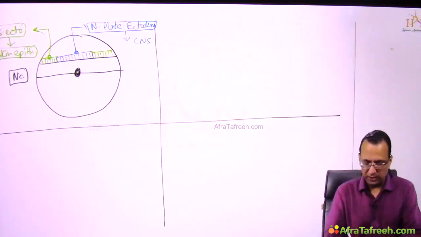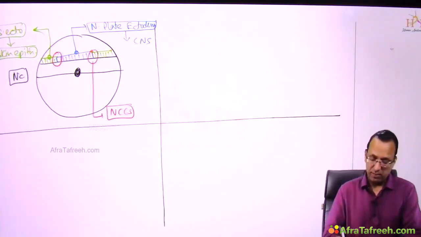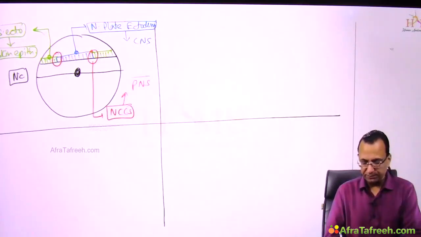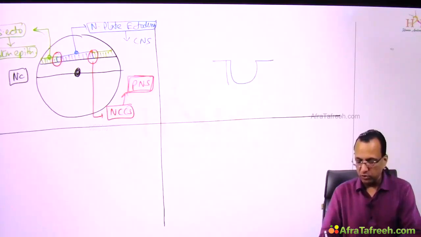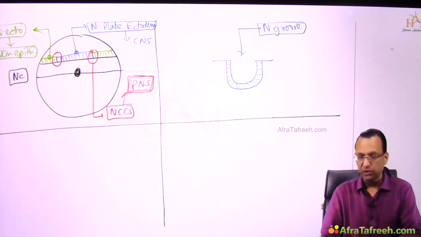We told that there are some neural crest cells here contributing to peripheral nervous system. The neural plate has become neural groove. If you say that the neural plate has become the neural groove now, what was at the periphery of the neural groove?